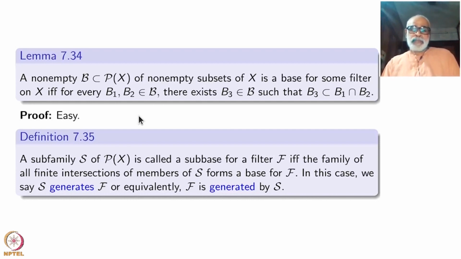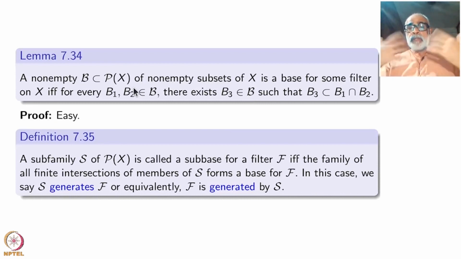Okay. Singleton X is not a sub-base. For a sub-base we need non-empty families. Because once it is a sub-base, we are taking only supersets there. We are not going to take finite intersections there.